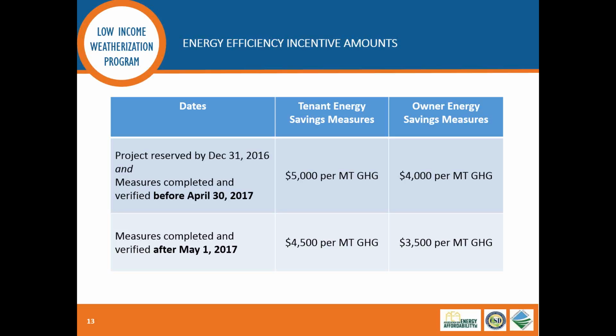Can you address whether there's any requirement to get multiple bids from various contractors, or is that just totally up to the owner? Totally up to the owner. Because the incentives themselves are paid out on energy savings and on the metric tons of greenhouse gases that are saved, and we're no longer using the SIR method for calculating the incentive amount, the procurement requirements are up to the owner.